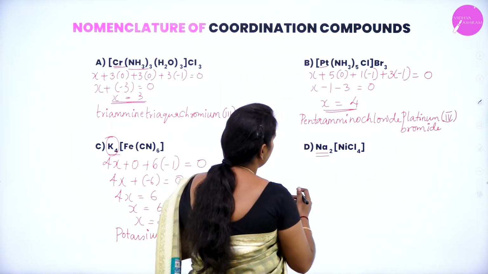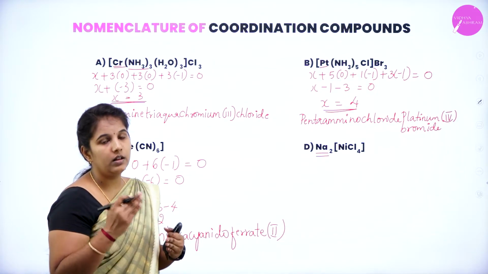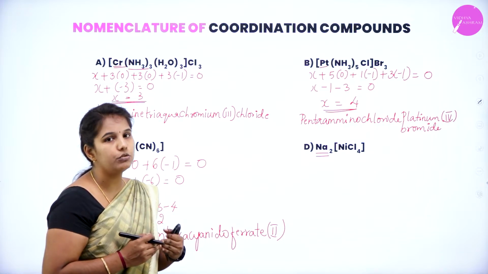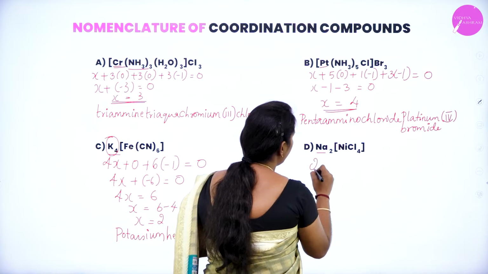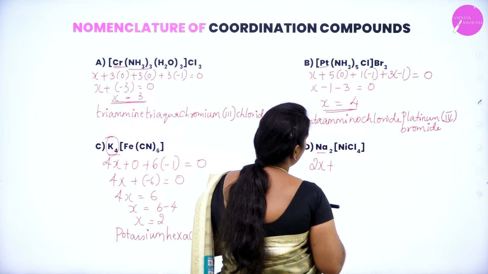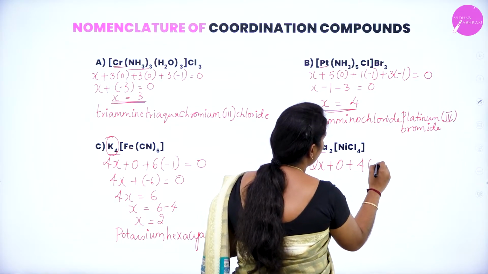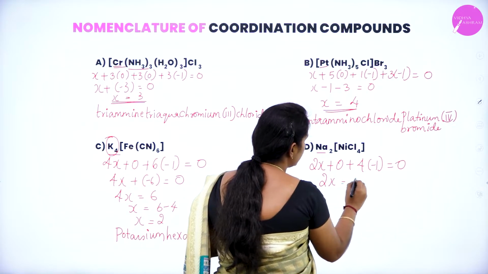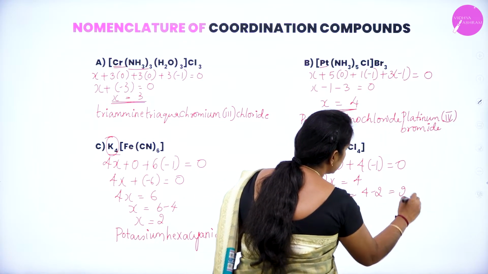I'll go with the naming now. For this complex, you can easily say that it is an example of a zero monodentate ligand, which indicates that it is a neutral ligand. I'll go with the calculation part. So 2 into x plus, for the nickel it is 0, plus 4 into minus 1, which is equal to 0. So 2x is equal to 4 and x is equal to 4 divided by 2, which is 2.